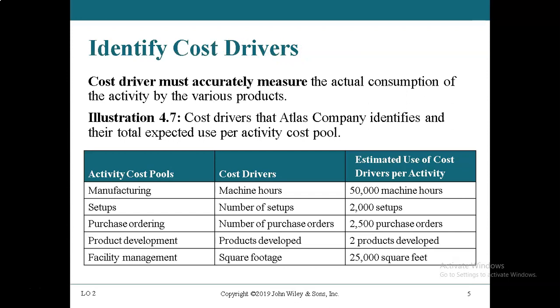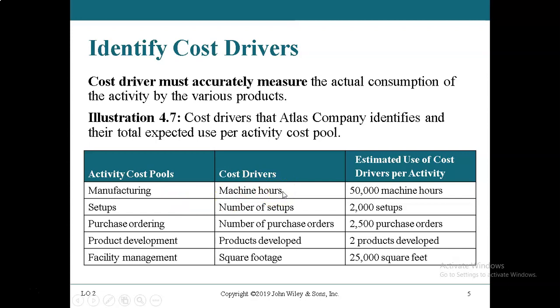The most important concept that you need to know for activity-based costing is this notion of cost driver. Cost driver means the more cost driver you have, the more cost you have. So for example, take a look at this example here with manufacturing. For manufacturing, maybe a good cost driver would be machine hours.